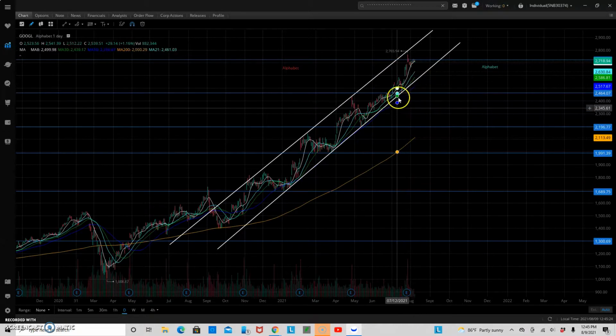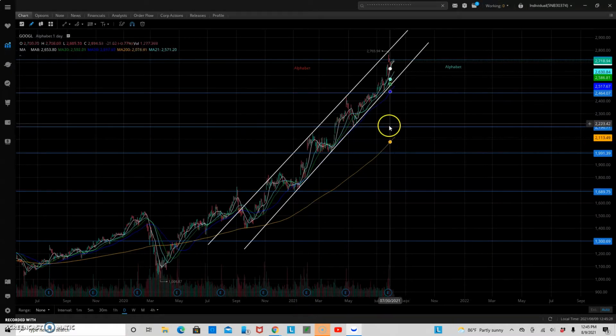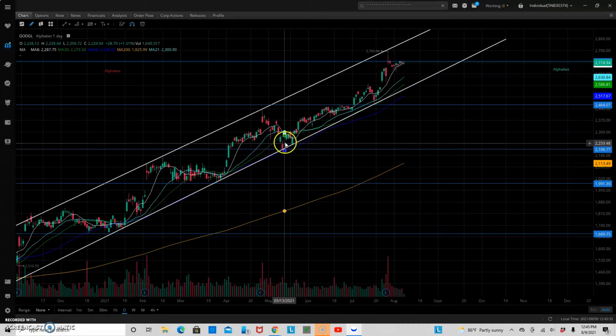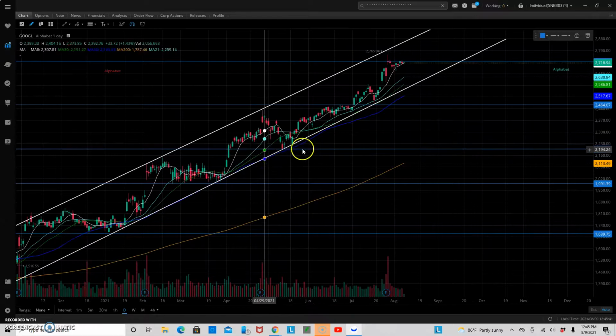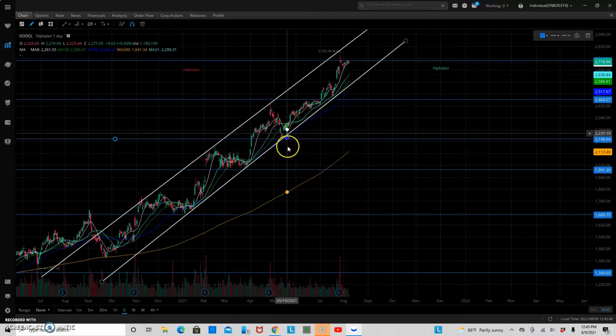If we were to break that level moving down, which is unlikely, we do have support around $2,200 here. You could see that we did have a nice little bounce off of there, and that was only a few months ago on May 12th. That was during the correction that we just experienced in the NASDAQ, and that was, it looked like, where this one bottomed out.